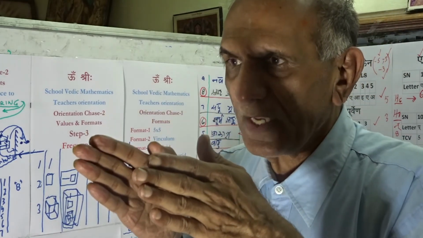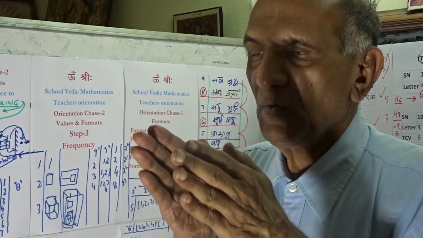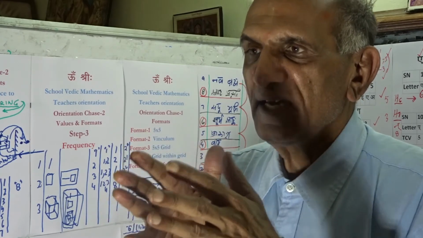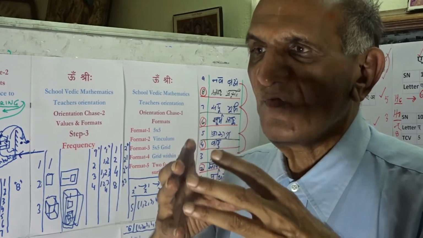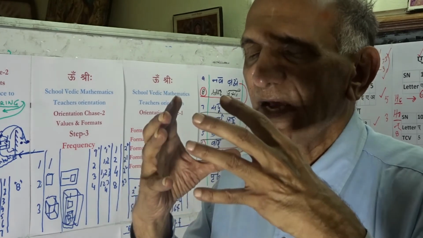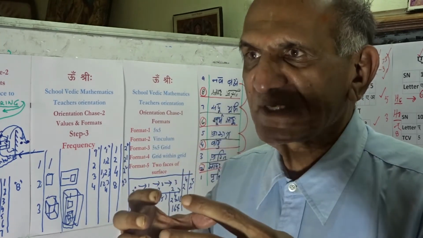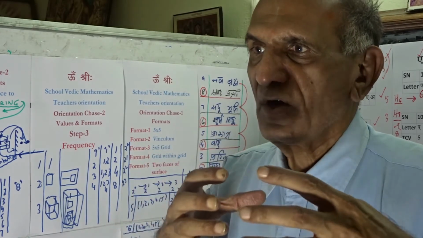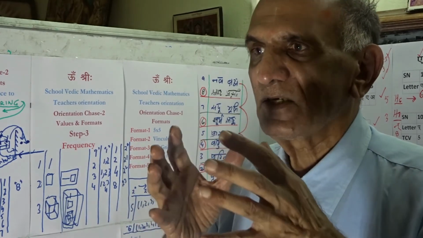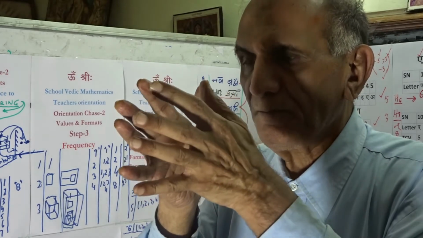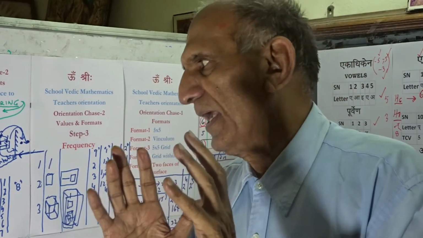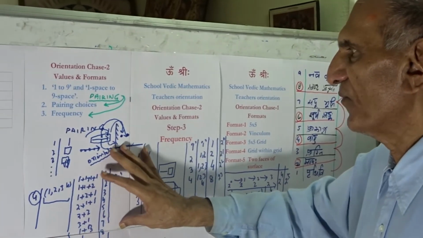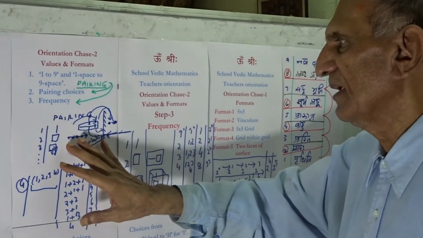Now this way we can very slowly, sequentially, gently introduce a very, very basic, absolute, conceptual concept of the mathematics, that in a pairing we can have situations of a mirror. We can avail the mirror.